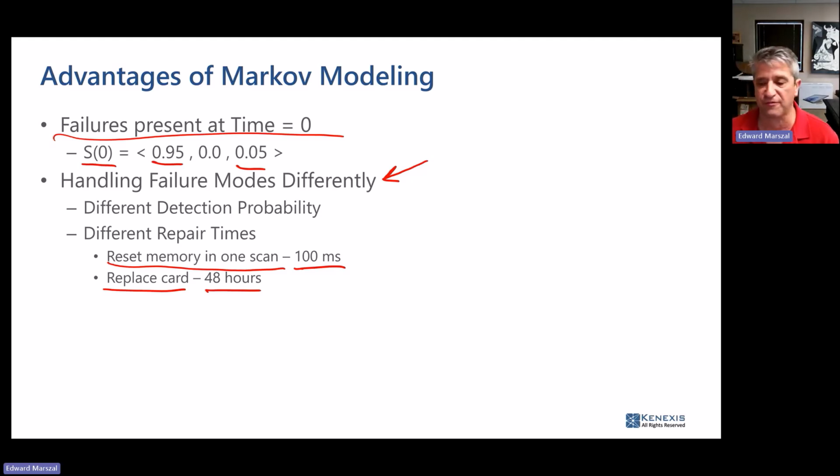And the reason for that is that these Markov models that are developed by the equipment vendors are super highly proprietary trade secrets.